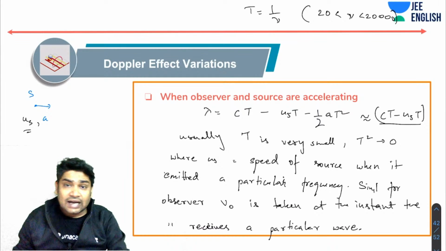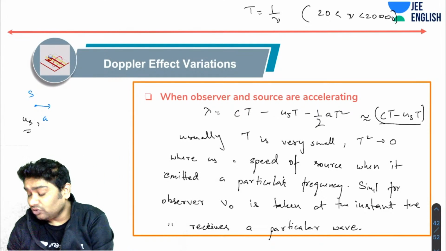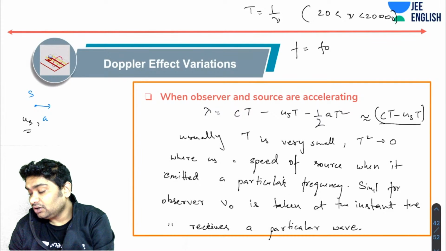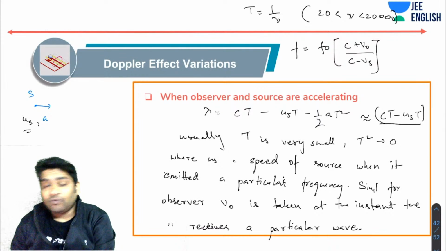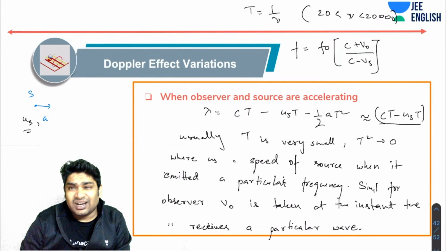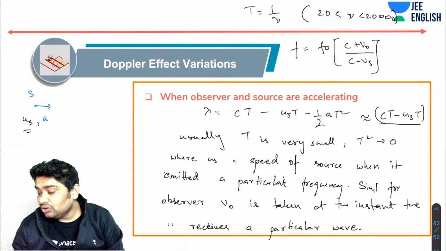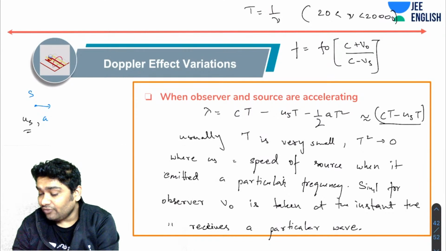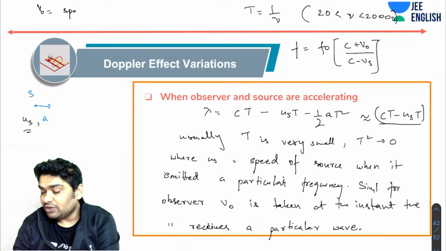So you will be using that same Doppler effect equation. We do use F equals F naught, again (C plus V observer) over (C minus V source). But what values of V are we taking? We are ignoring the effects due to acceleration unless the acceleration is very, very strong. So just remember that Vo is the speed of the observer when it receives sound at that instant.